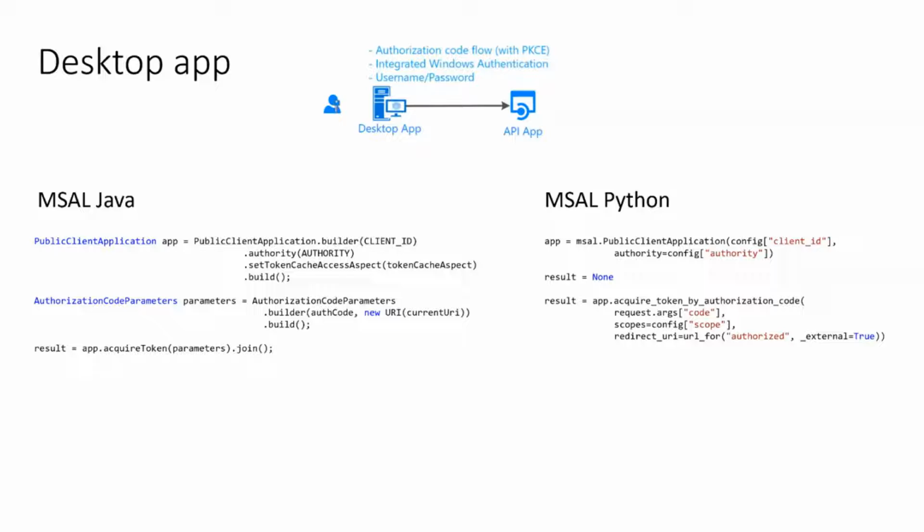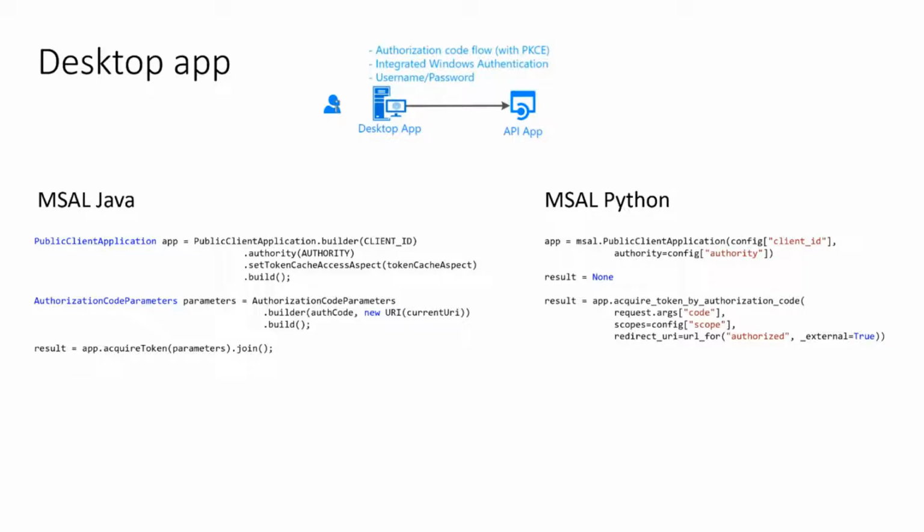And a quick note here, the desktop apps are generally public client applications because they are applications that are native to the systems which are openly accessible, and hence they are not considered really secure and able to maintain secrets. So you would here instantiate a public client application instance and then call the authorization code flow.